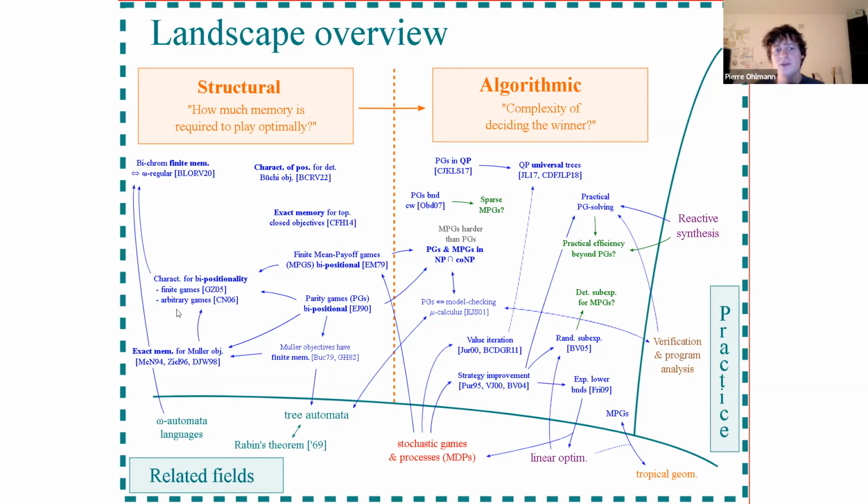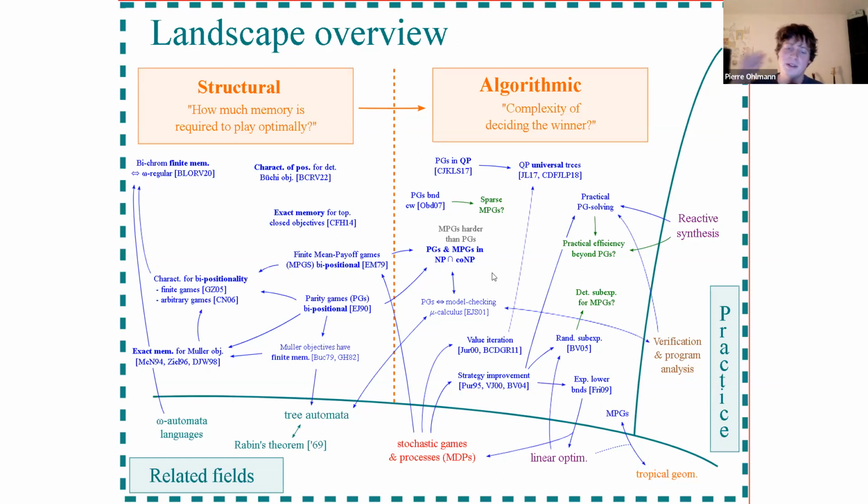Okay, so I think with this, it's safe to say that bipositionality is quite well understood. But my point is that bipositionality is kind of restrictive. It's like you only look at NP intersect co-NP, but you're not even interested in NP in itself. And I think there's still a lot of work to do for just regular positionality.